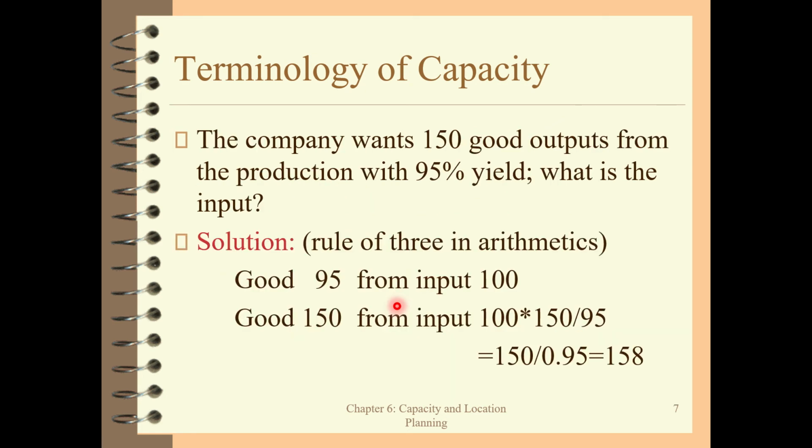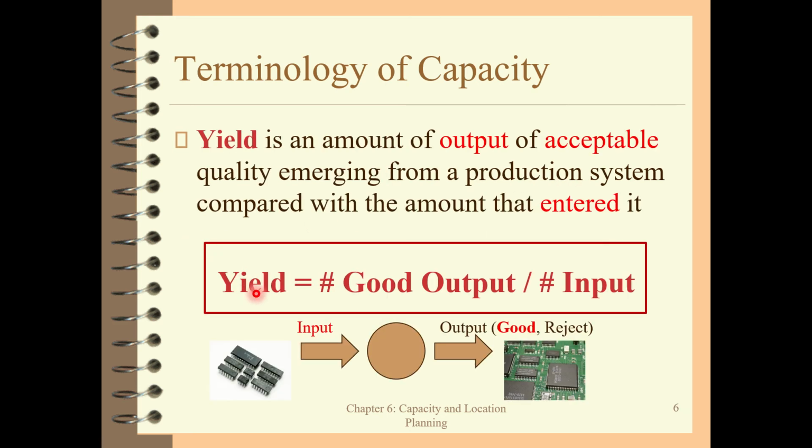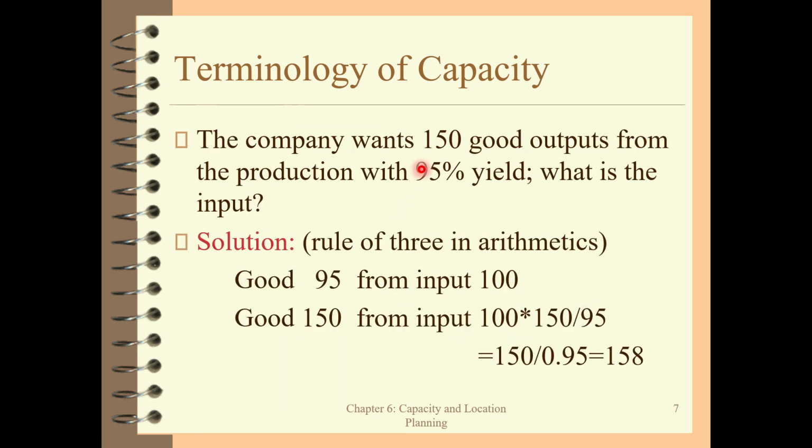Let me give you some examples. Suppose the company wants 150 good output from the production system with 95% yield. What is the input? According to the definition, yield is equal to good output divided by input. It says that yield is equal to 95%. In that case, a good output of 95 must come from an input of 100, right?